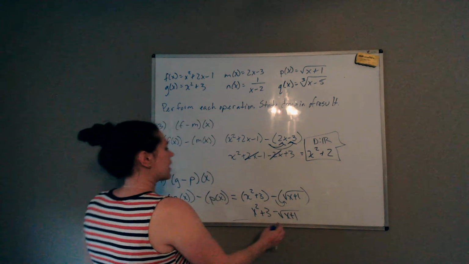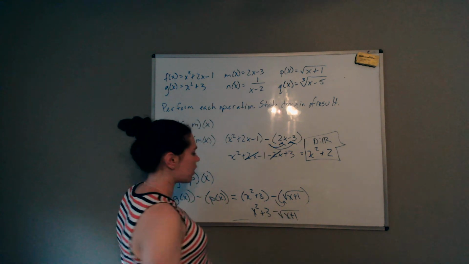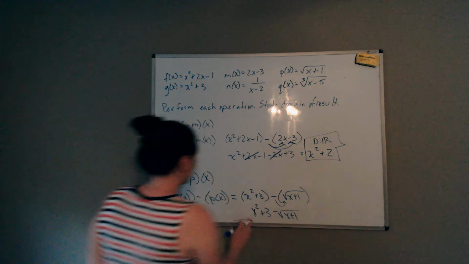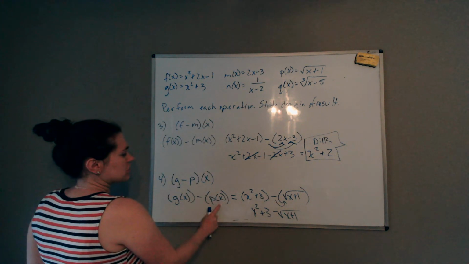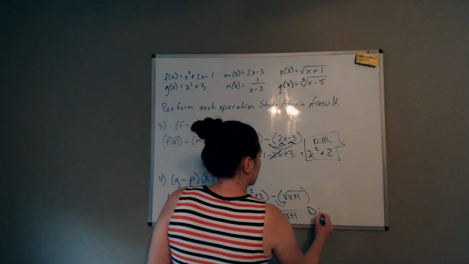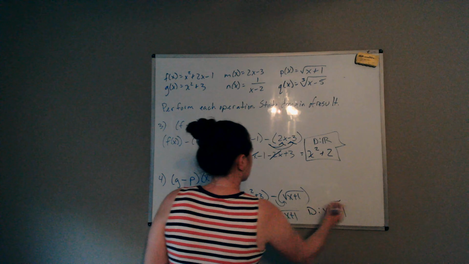There's nothing to combine here. I can't combine this 1 and this 3. This doesn't really have a value of 1 here, right? It's doing x plus 1 and then taking the square root. So g had no domain restrictions, but p had a domain restriction, and we see it again right here. The domain of this is x has to be greater than or equal to -1.